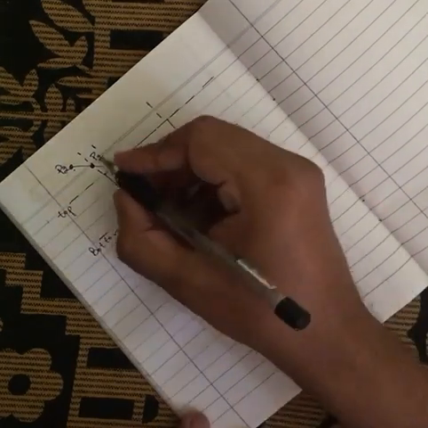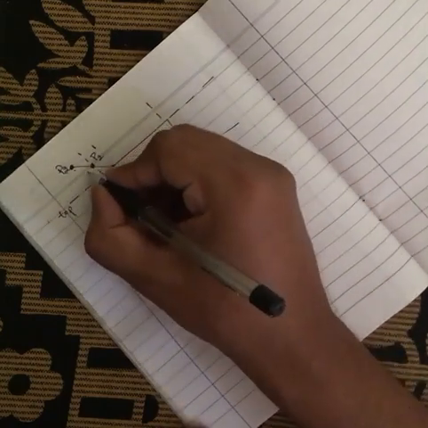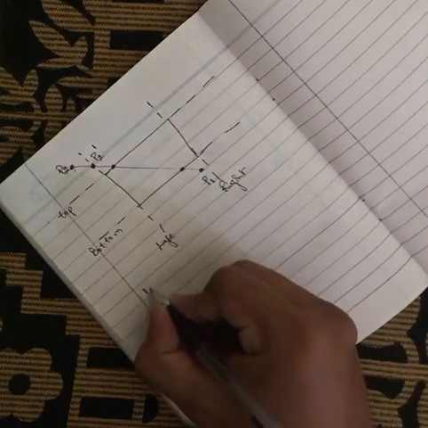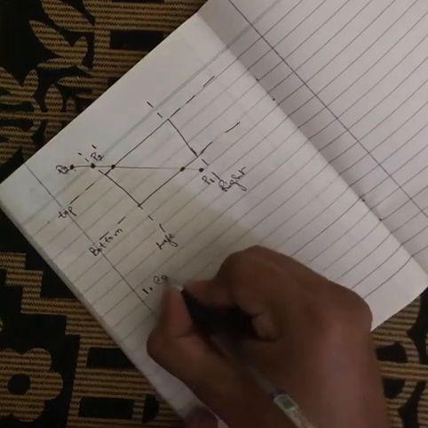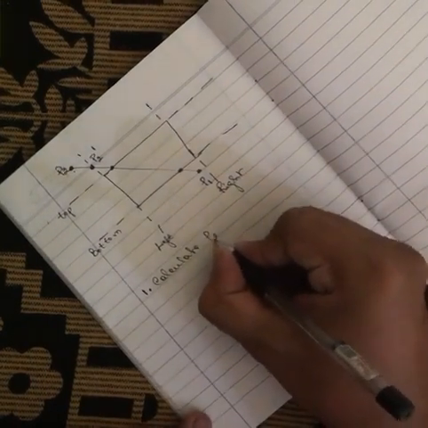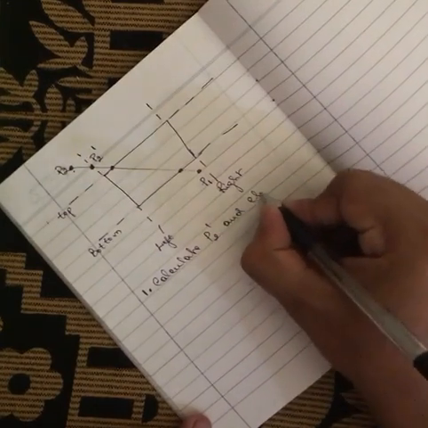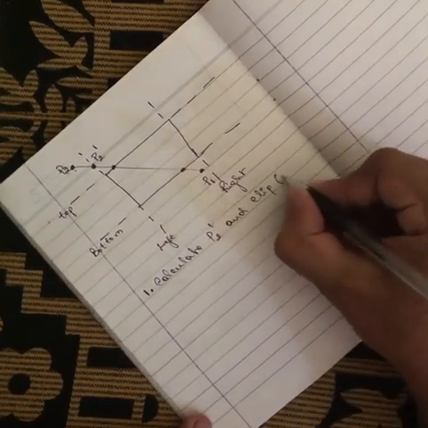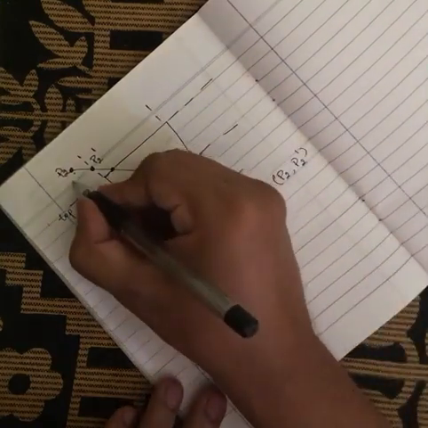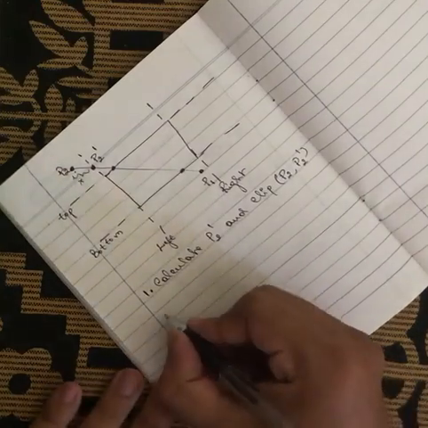Once you calculate P2 dash, you have to clip P2 to P2 dash. This part we have to clip it off. Yes, that is the first case.